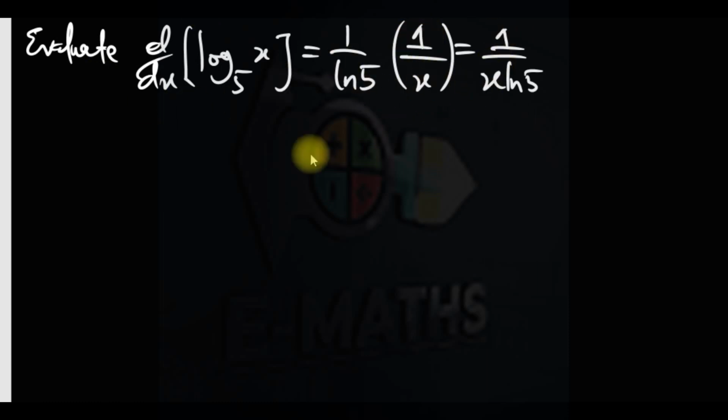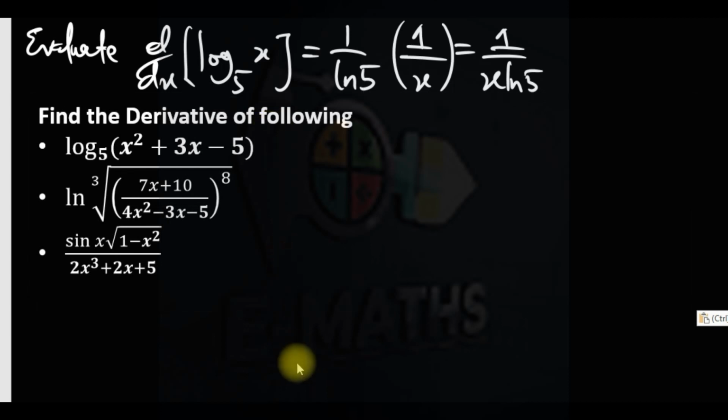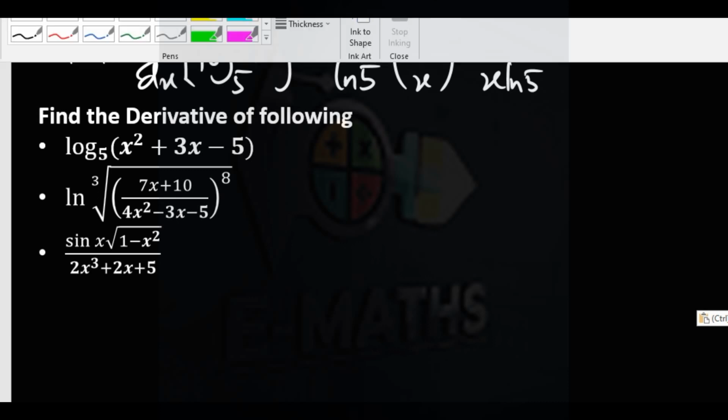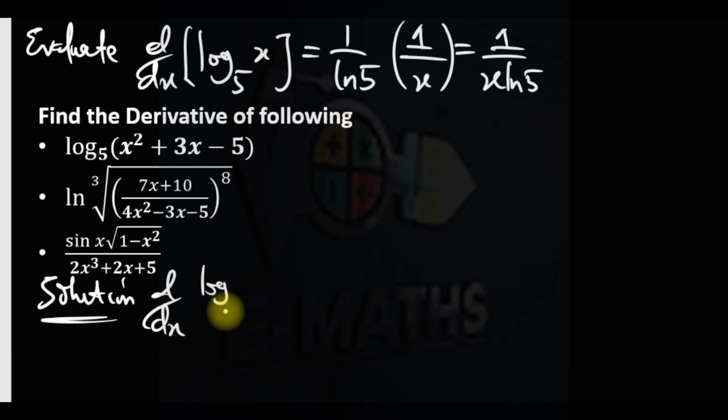Okay, let's now solve questions that are very technical. Assuming we're asked to find the derivative of this function, it's very easy. Let's start with the first one. We're given the derivative of log to base 5 of x squared plus 3x minus 5.